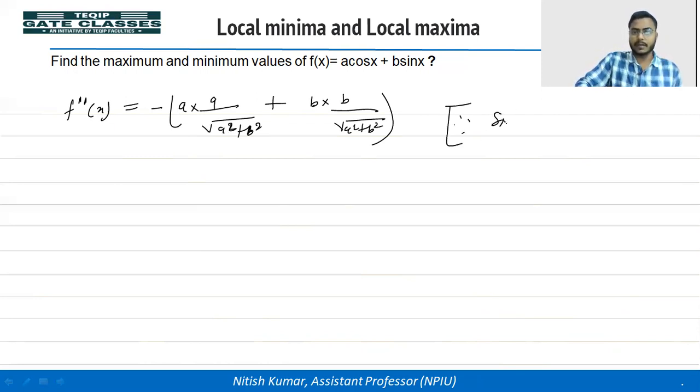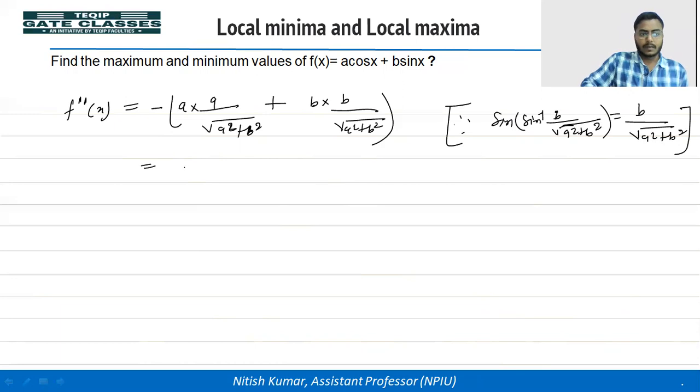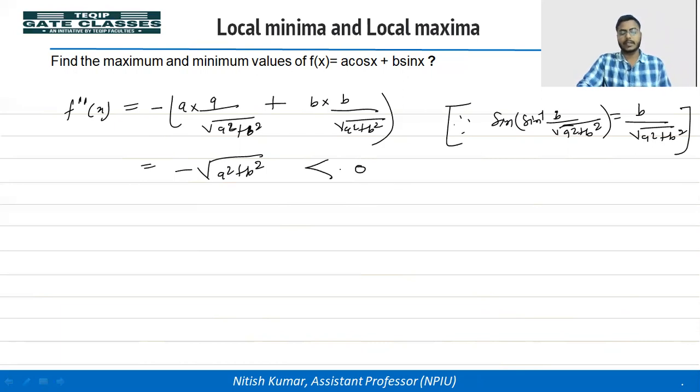Because sine of sine inverse b divided by root a square plus b square is b divided by root under a square plus b square. So that would be minus root of a square plus b square.